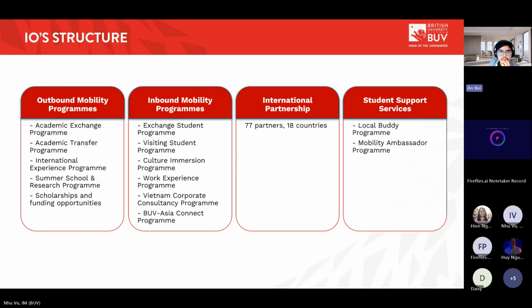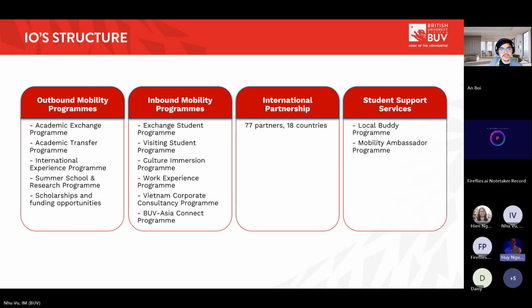So, another question. My understanding is that these 77 partners are different from the other group of partners, the awarding body partners that provide the degree to BUV, or is there overlap between the two?